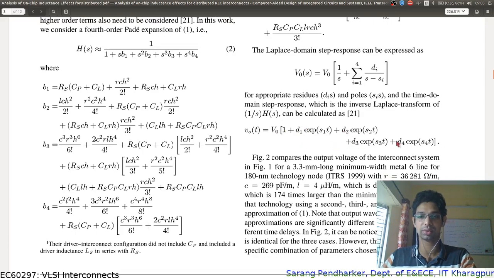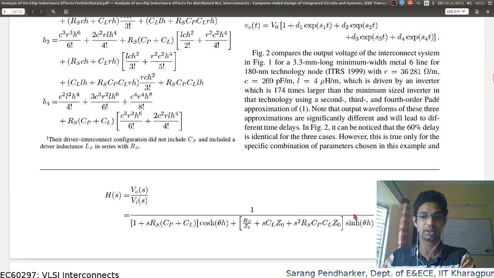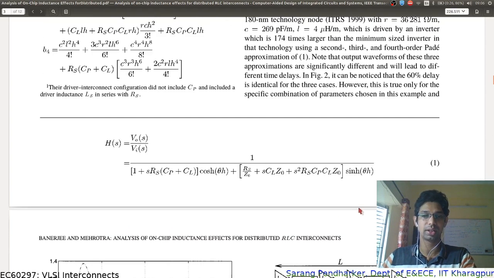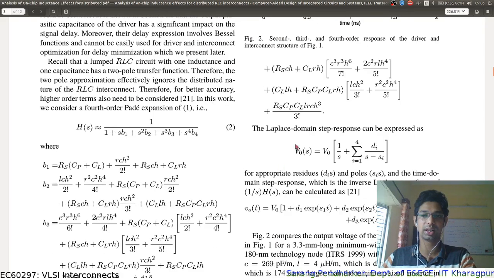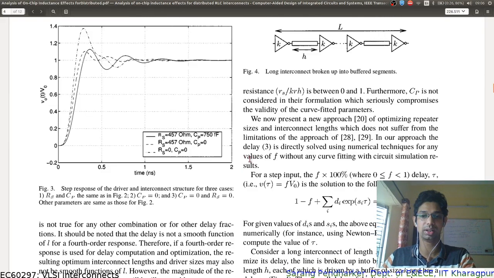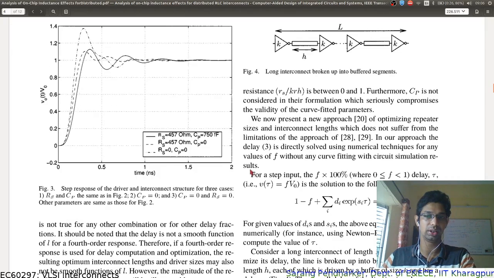So they are considering four exponents in their analysis. Here the transfer function H of s comes out to be this expression. From this they calculate these terms, and from here they estimate the time domain response. You can see there is an overshoot they have shown for different values of RSCP.